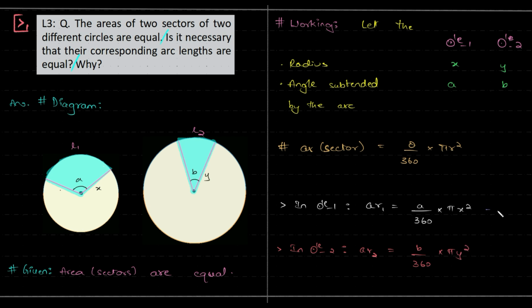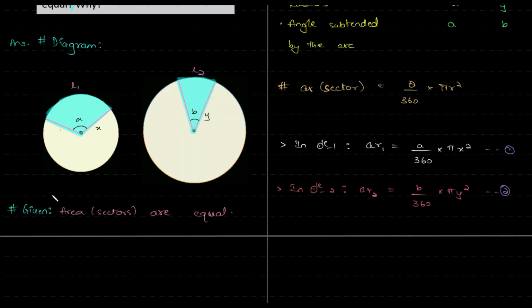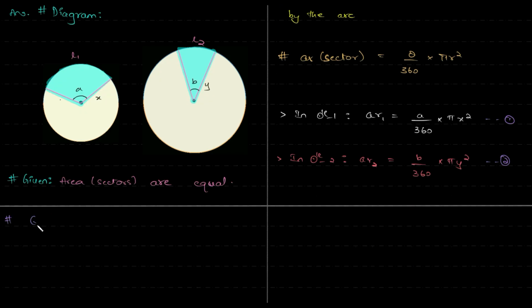And what can we do with this? We can equate them, because these two are one and the same. We have been given that area 1 is equal to area 2, right? Here itself I have written that. Therefore, what do we have?